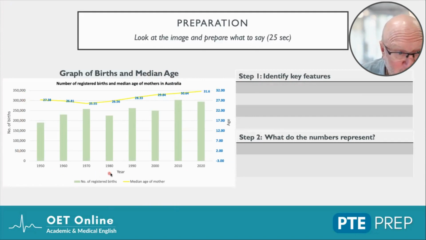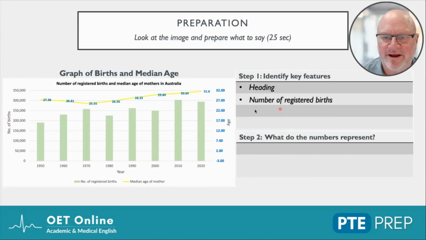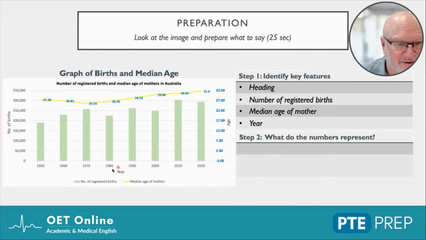Along the bottom, we can see a year, and we can see that there are different colors, green and yellow, which have meaning associated with them, and the words are given. So we look at our heading, and that is the number of registered births, the median age of the mother, and the year, right? We've got the year down the bottom.